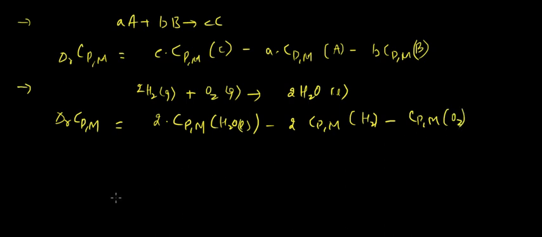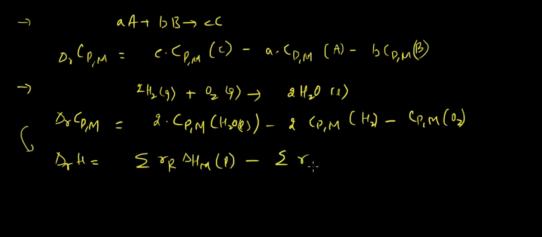Okay, now in the same way we can also have the analogy for delta_r H. So delta_r H can be written as the summation of nu_P delta H_m, where H_m is the molar enthalpy of products, minus the summation of nu_R delta H_m of reactants.